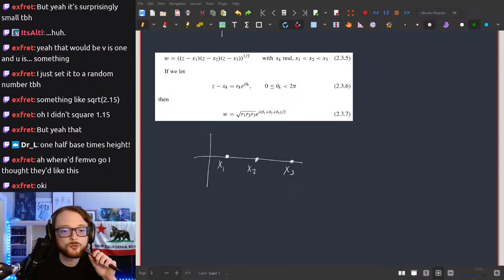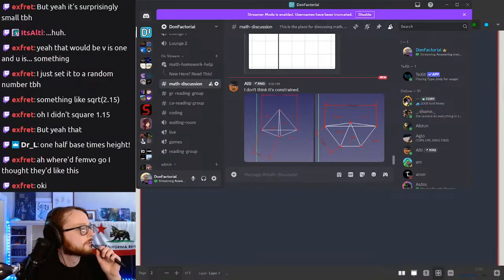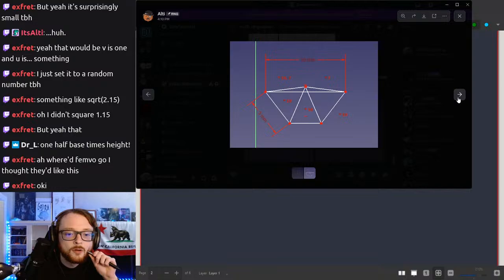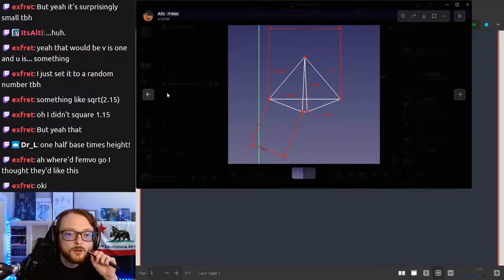Alti, I don't think it's constrained. Isn't U changing though?